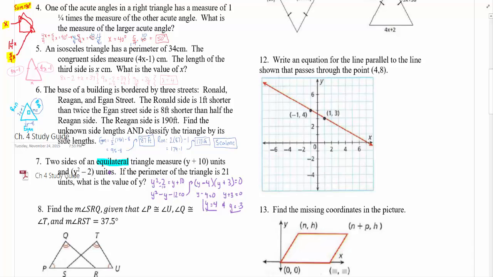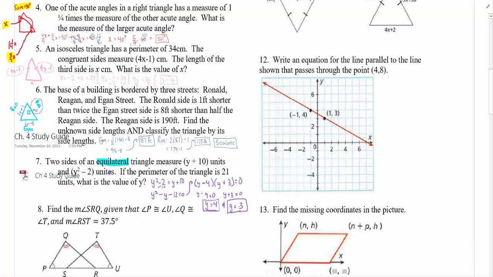Again, when you look for your values of y, understand your sides. You have a negative for y. That doesn't mean that it won't work in your sides, because once you've solved them out, they're all going to be positive. Negative 3 plus 10 is 7. And then 9 minus 2, because negative 3 squared is 9, minus 2 is 7. So it still works. So that tells you these sides are all 7.